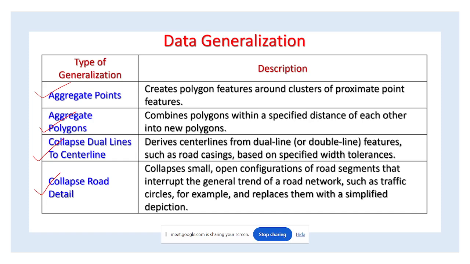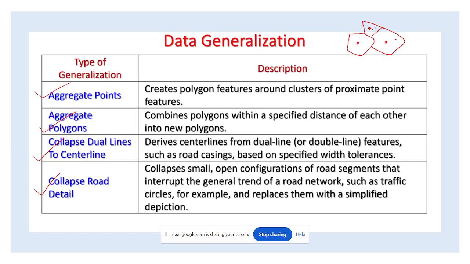So you have one point which is sort of representing the points which are there in this polygon. Similarly you might have something like this, then something like this. So these points are basically the aggregate points. So it creates polygon features around clusters of proximate point features.